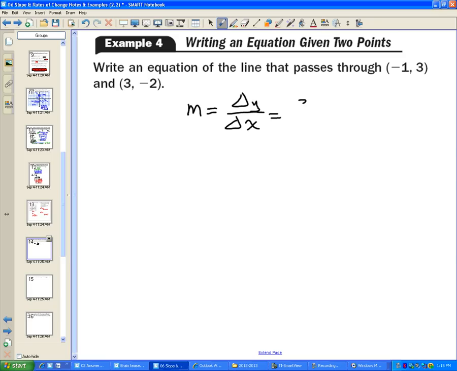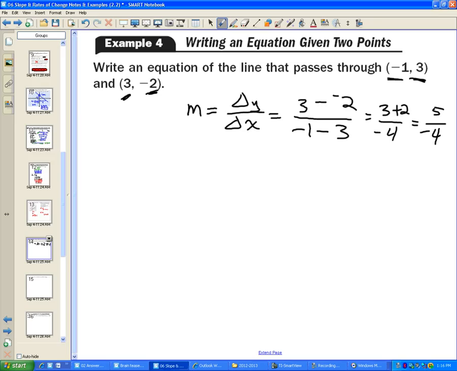So I'm going to do 3 minus a negative 2 divided by negative 1 minus 3. 3 minus a negative 2 is 3 plus 2, which is 5. Negative 1 minus 3 is negative 4.